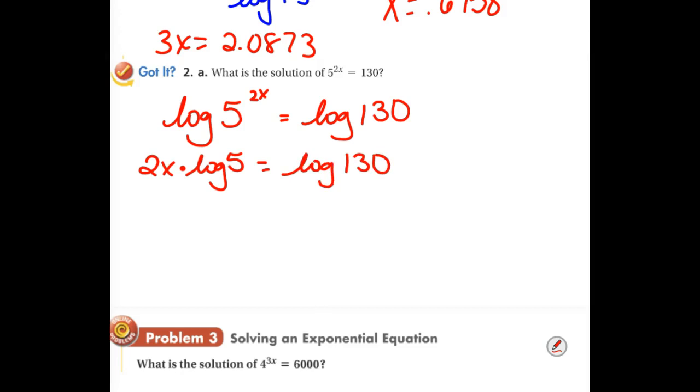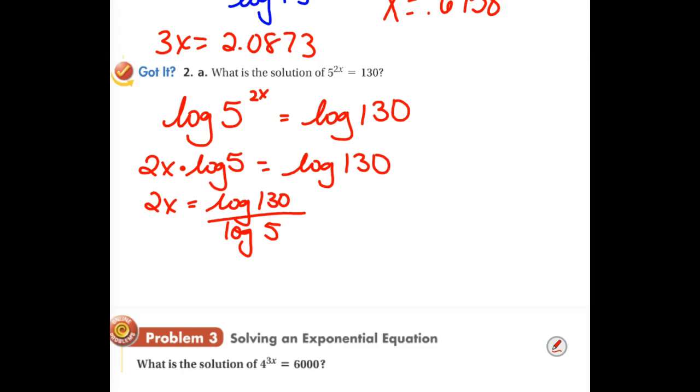Now again, when I took the log of each side, what base did I choose? I chose base 10, yes? And I chose that because my calculator can handle base 10, has a common log key. Okay? I'm going to divide the log of 5 over. I'm going to get my decimal answer for that, log of 130 divided by the log of 5.